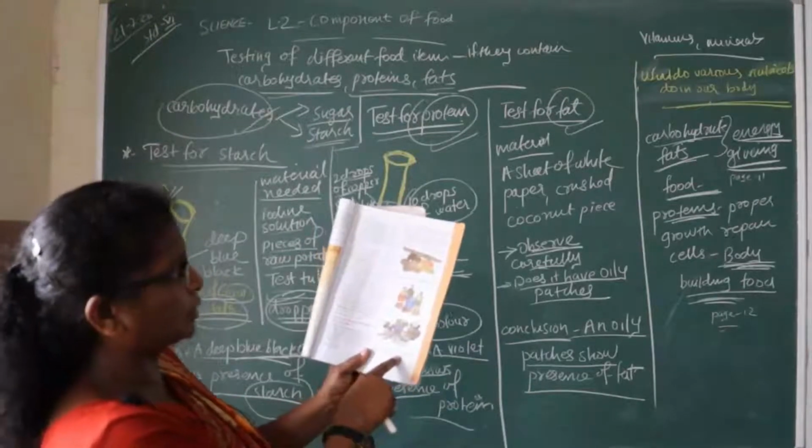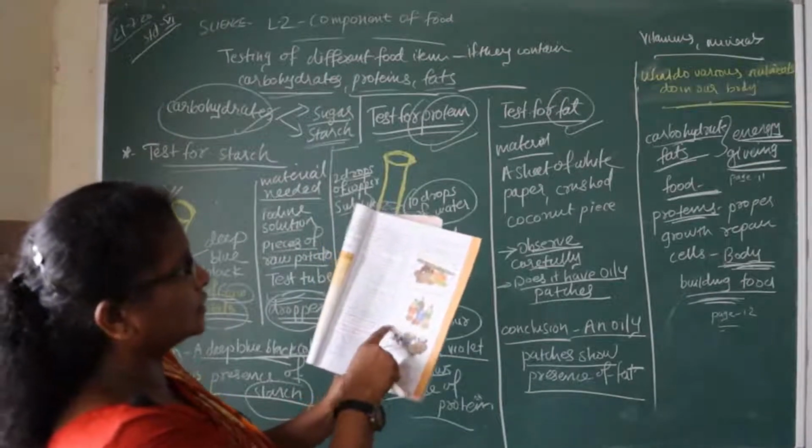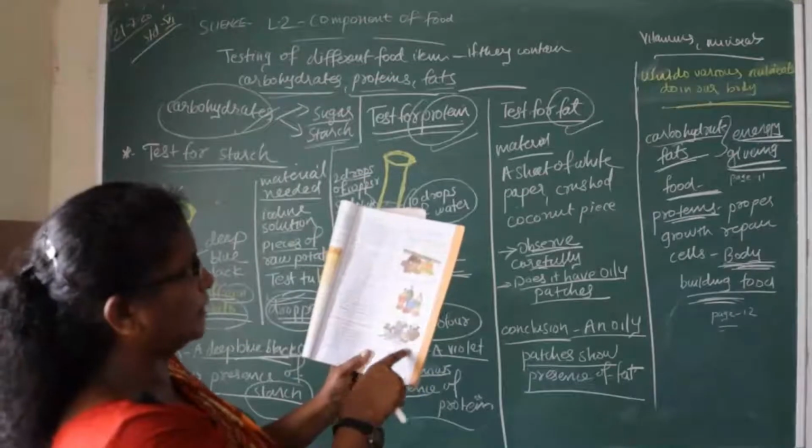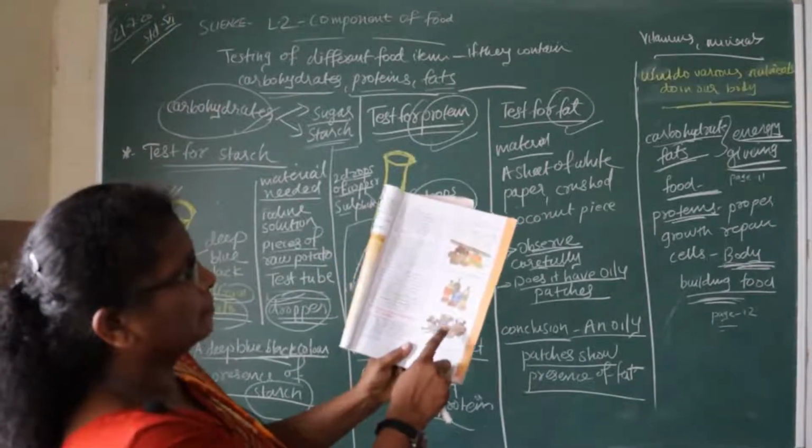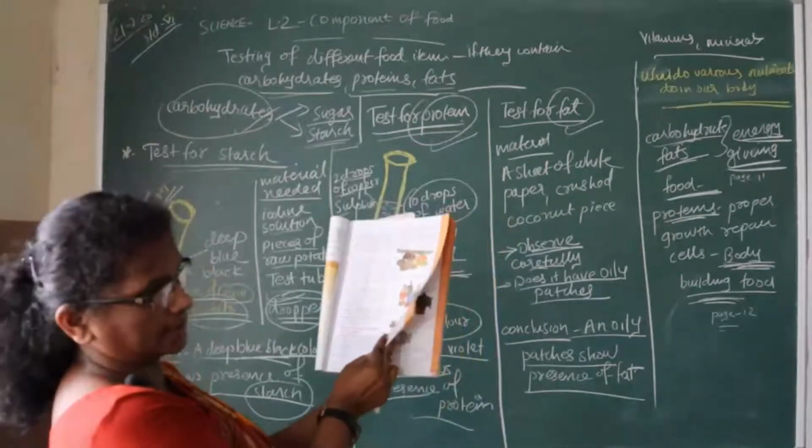Animal sources of fat are ghee, milk, butter, meat, etc.